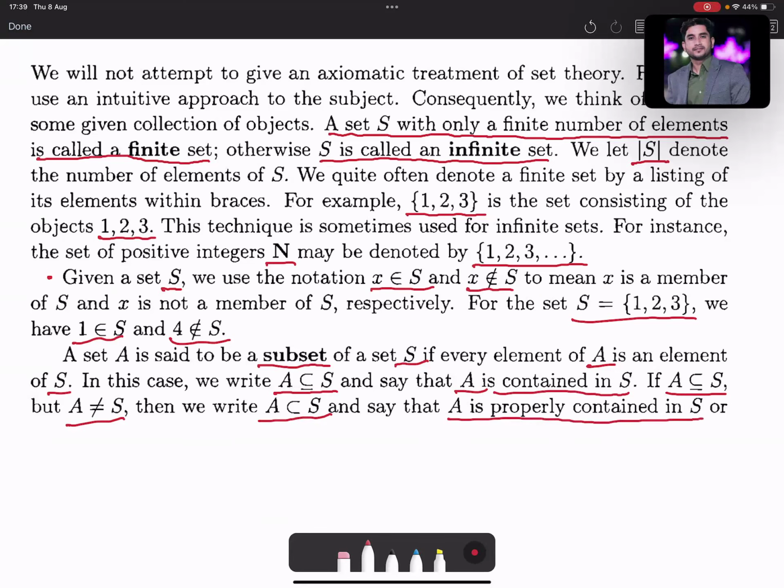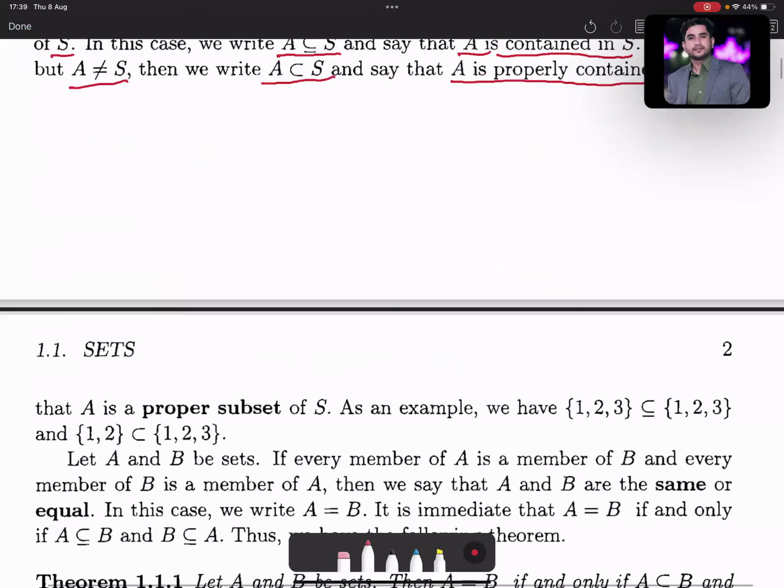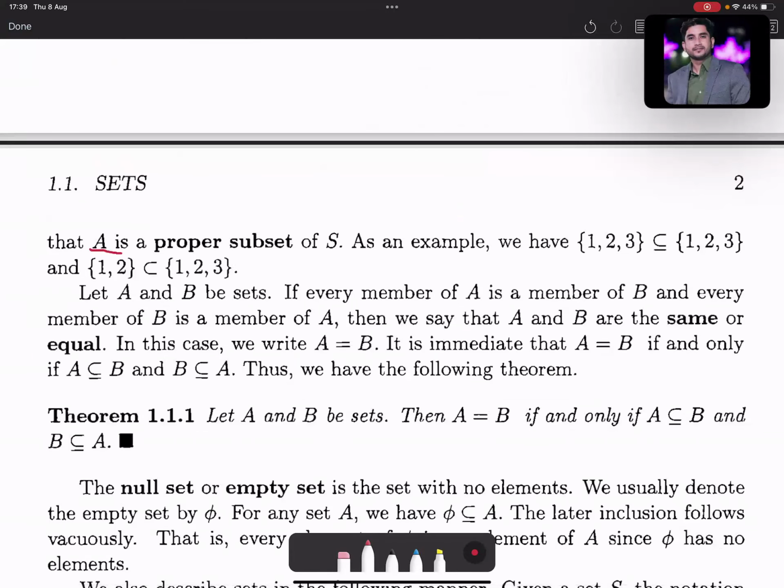That means it's properly contained in S. For example, {1, 2} is a proper subset of {1, 2, 3}.